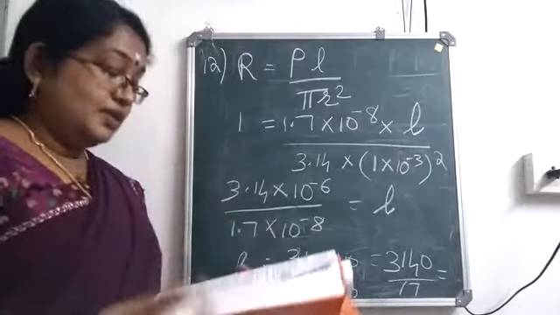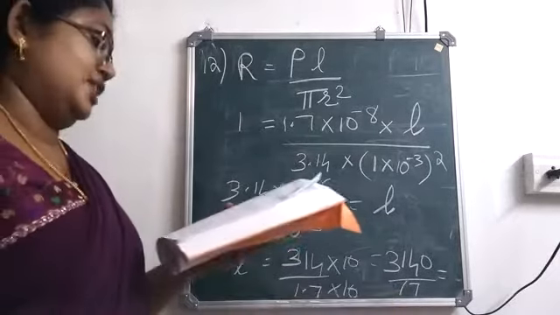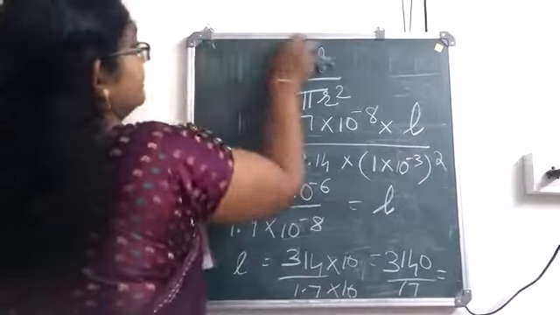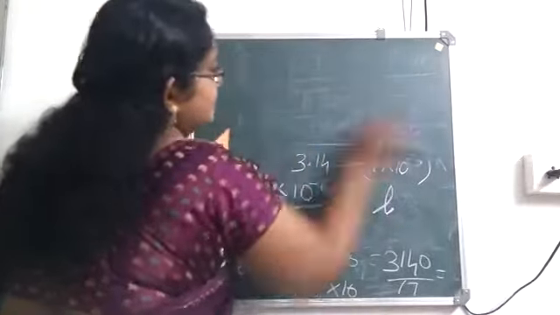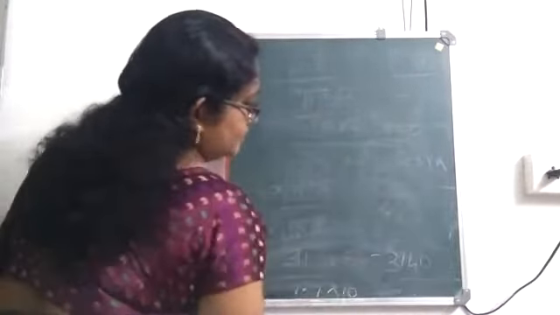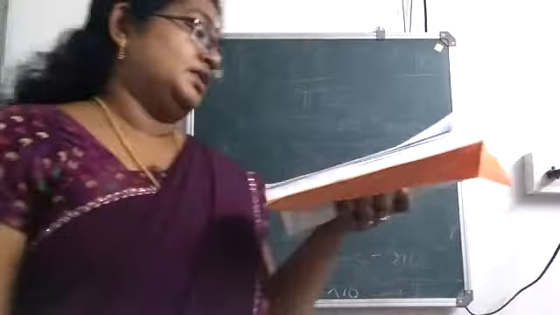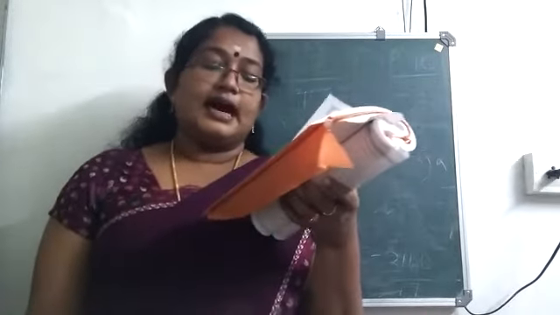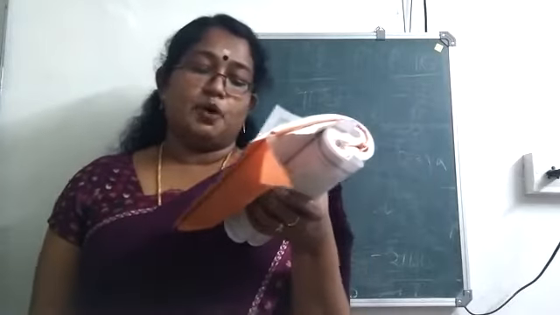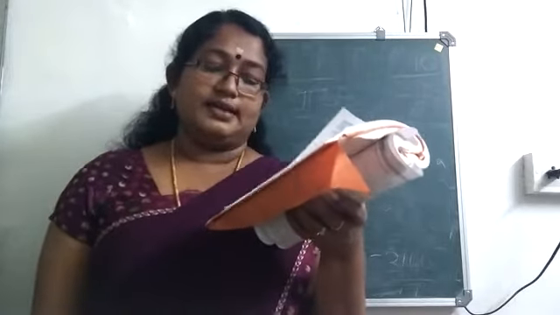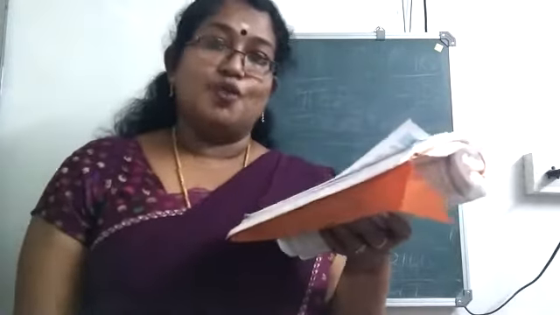Okay. Now the last question of this section. The filament of a bulb takes a current of 100 milliampere when potential difference across it is 0.2 volt.